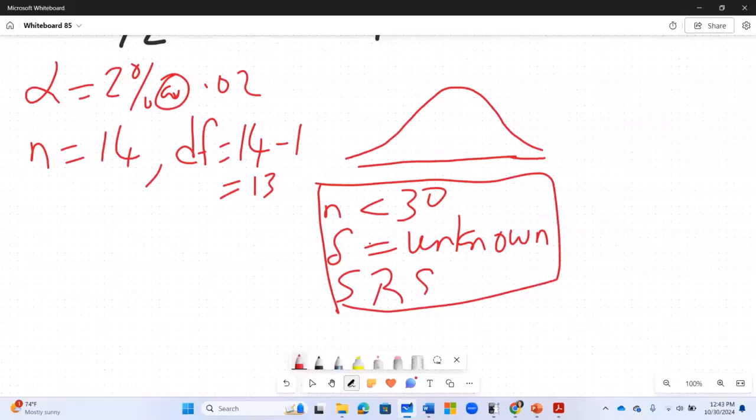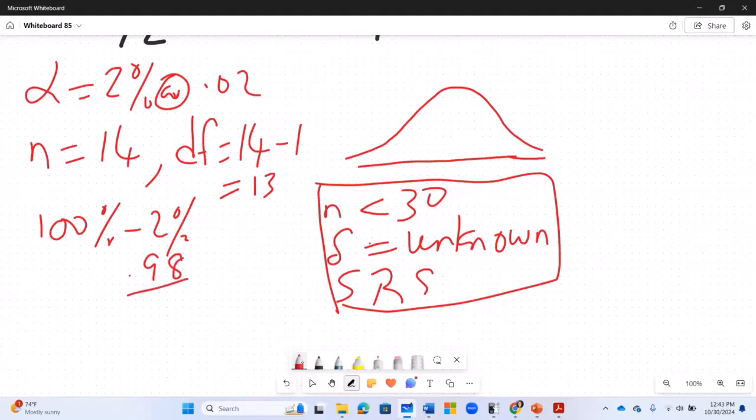Okay, so I am told to find two-tailed, but I'm doing two-tailed also, even though it's T. So 100% minus 2% is 98%. And I can change it to decimal, so I have 0.98.